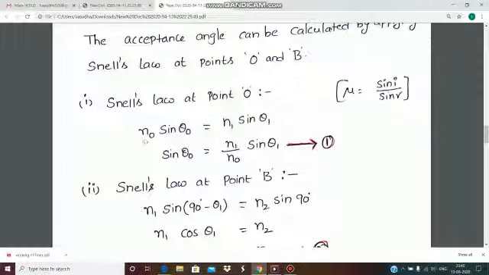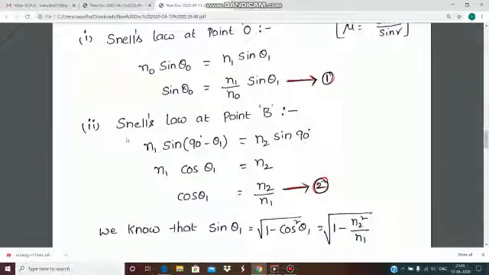Here N naught is the refractive index of air, theta naught is the angle of incidence, N1 is the refractive index of core, and theta 1 is the angle of refraction. From this, we can write sin theta naught equals N1 by N naught sin theta 1.